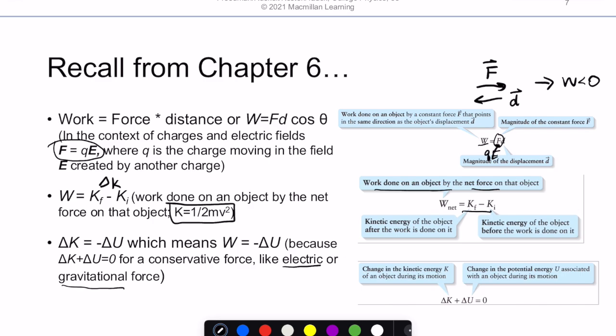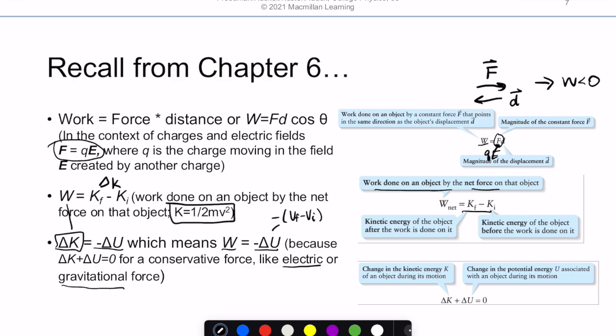And if that's true, which it is, then any change in kinetic energy is going to be equal to negative change in potential energy. If we make this substitution here, we see that work done is also equal to negative delta U. Okay, where delta U is the change in potential energy, right? Negative delta U is negative U final minus U initial.